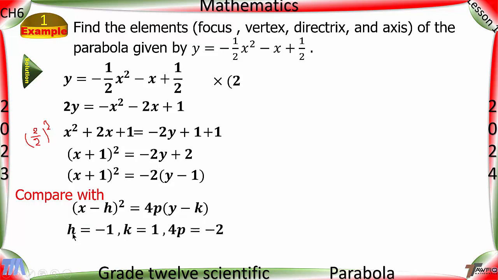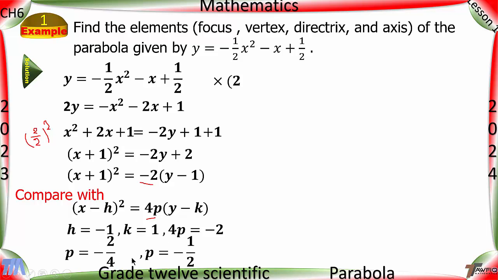So h is minus 1 and k is 1. 4p is equal to minus 2, so you can divide it by 4. You can see p is minus 1 over 2.